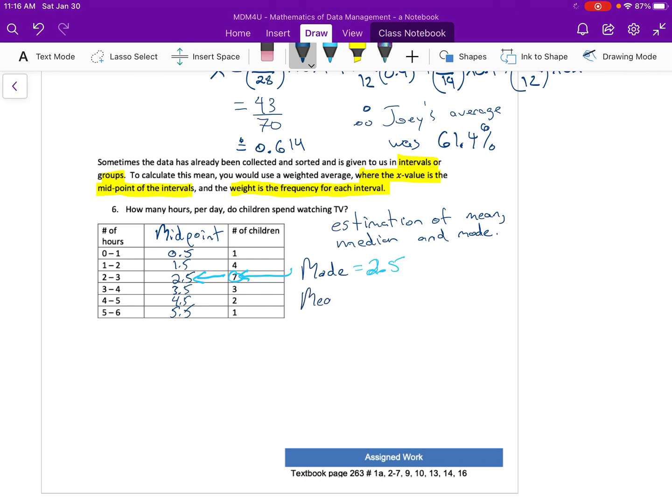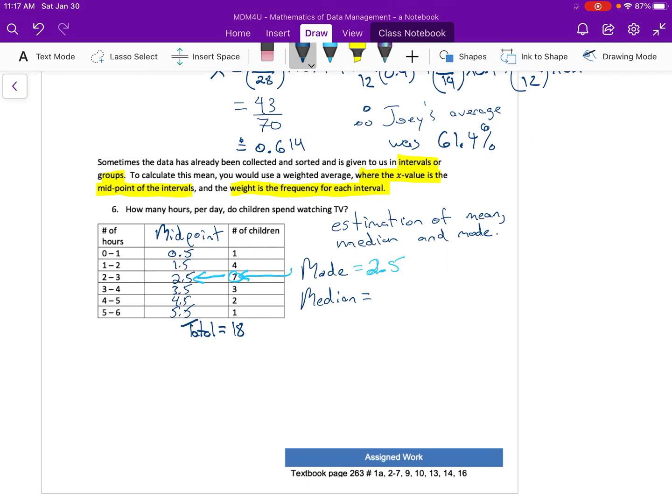And then you could also easily calculate the median. You would arrange from lowest to highest. This is nice because they're already ranged lowest to highest, 0 hours all the way to 6 hours. But you want the middle point. And so we need the total number of kids or children. If you add these up, 1 plus 4 is 5, 7, 12, 15, plus another 3 is 18.